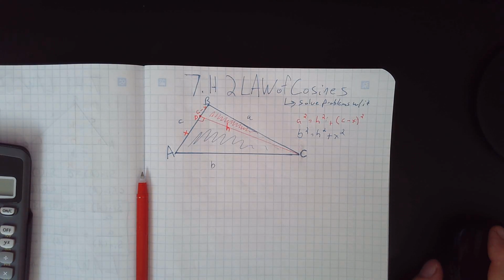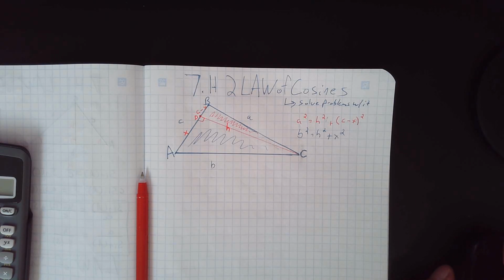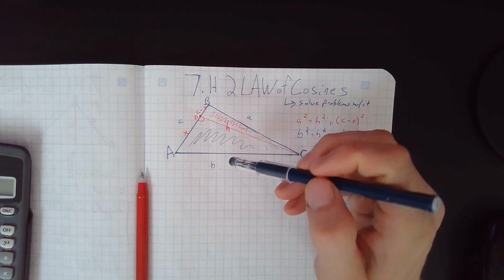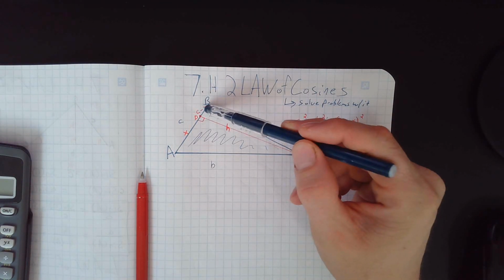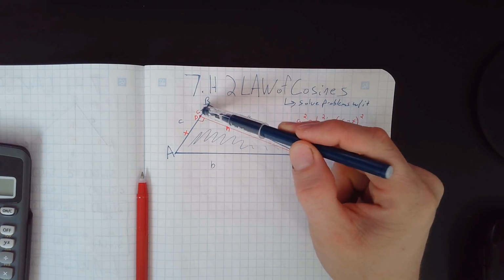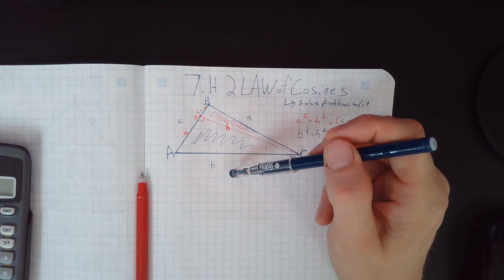Actually, they do not, sorry. The cosine of A and the cosine of B both involve x, right?